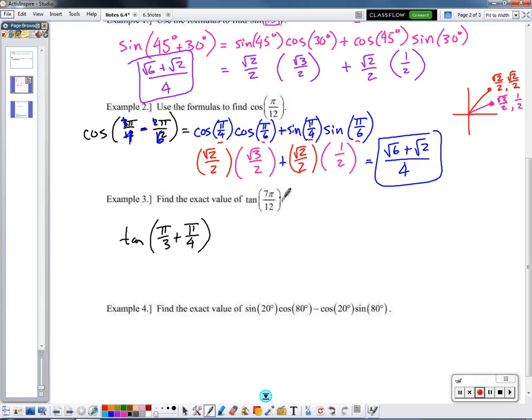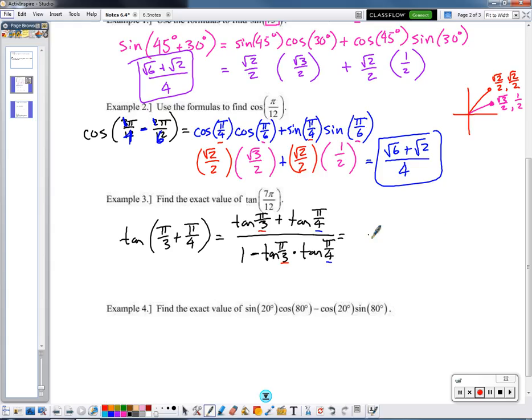And then remember tangent, it's going to be the tangent of pi over 3 plus, same sign up top, tangent of pi over 4, and it's 1 minus, opposite sign, the product of those two tangents, tangent of pi over 3 times tangent of pi over 4. Again, from here, it's just plug and chug. Look at your unit circle, find those tangent values, and then just see where the problem takes you.